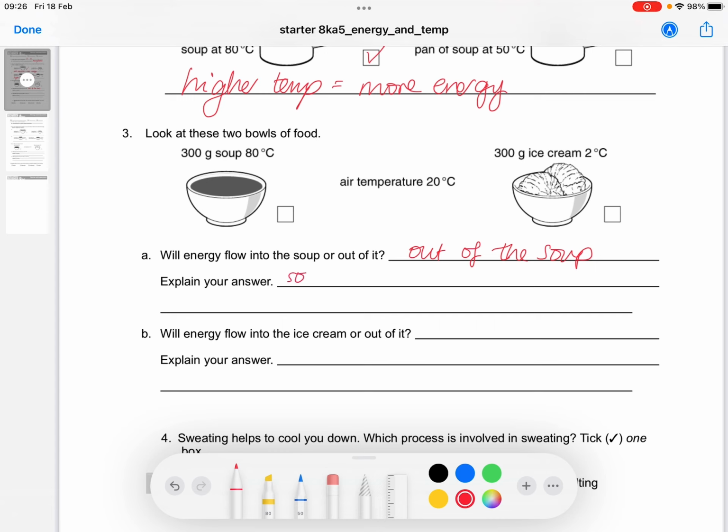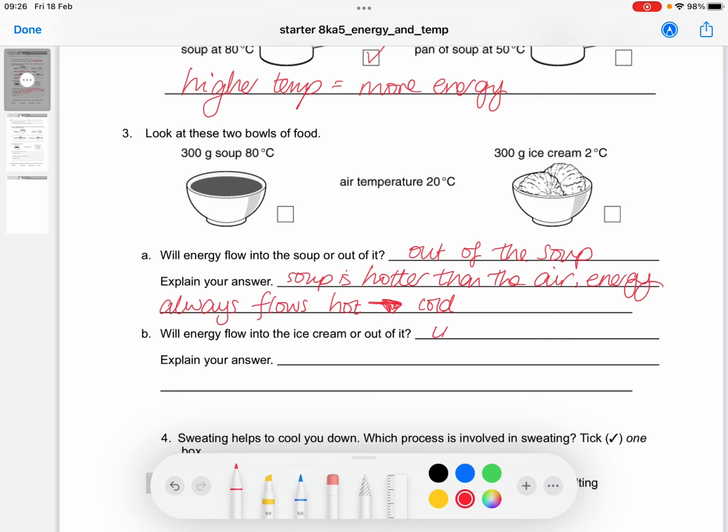Because the soup is hotter than the air. And energy always goes from hot to cold.